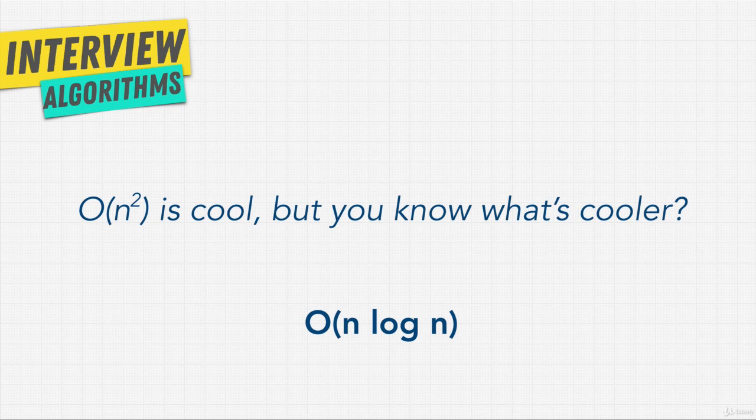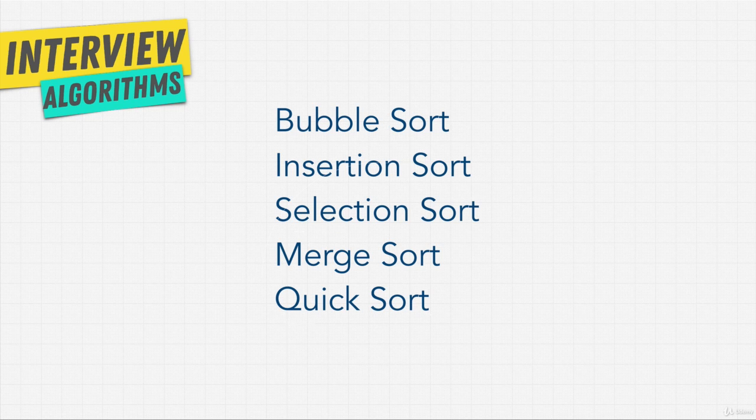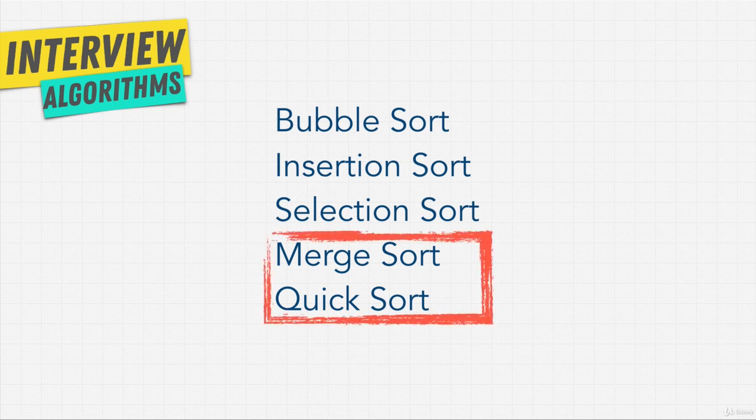Now, in order to understand what O of n log n means, we have to talk about our next sorting algorithms, merge sort and quicksort. You see, unlike bubble sort, insertion sort, and selection sort, they use a technique that we've heard of before, divide and conquer. We learned about this when learning about trees.